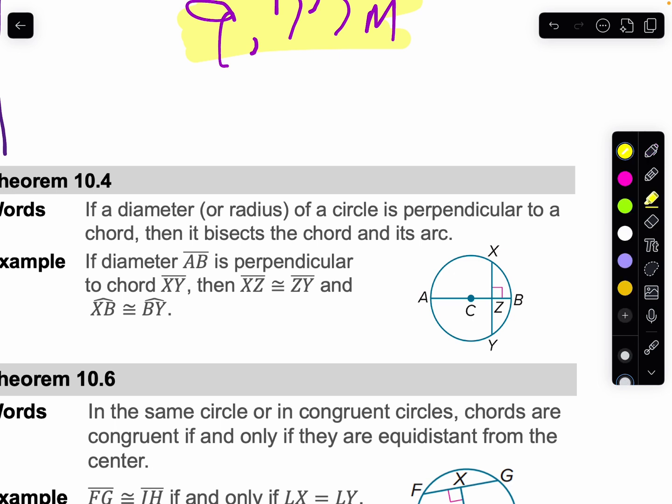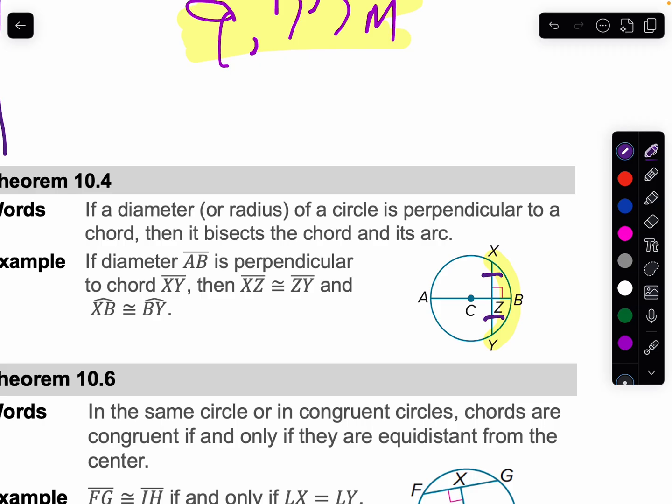I'm just going to make a chord going through those. Then I'm going to do the perpendicular bisector. So I'm going to cut that in half at a 90-degree angle. And the line that goes through that at a 90-degree angle is my diameter.